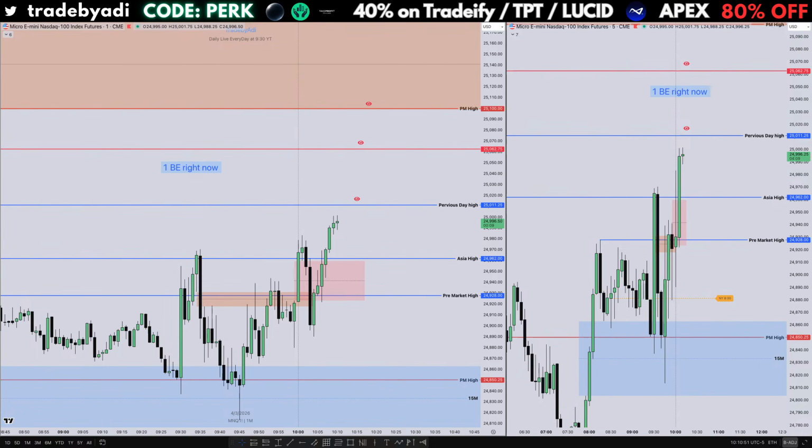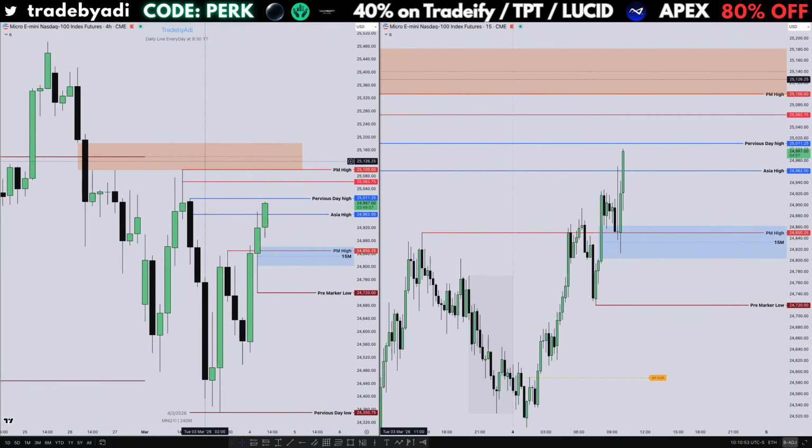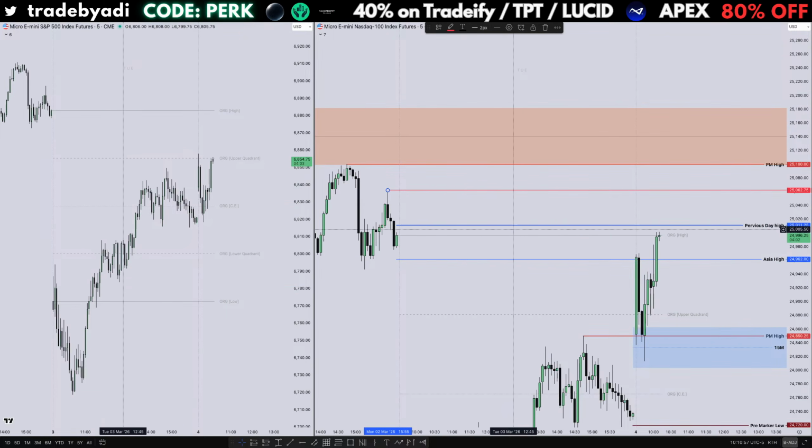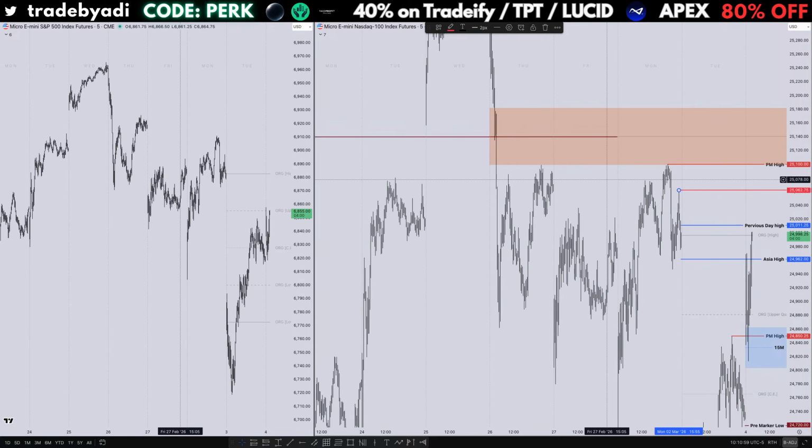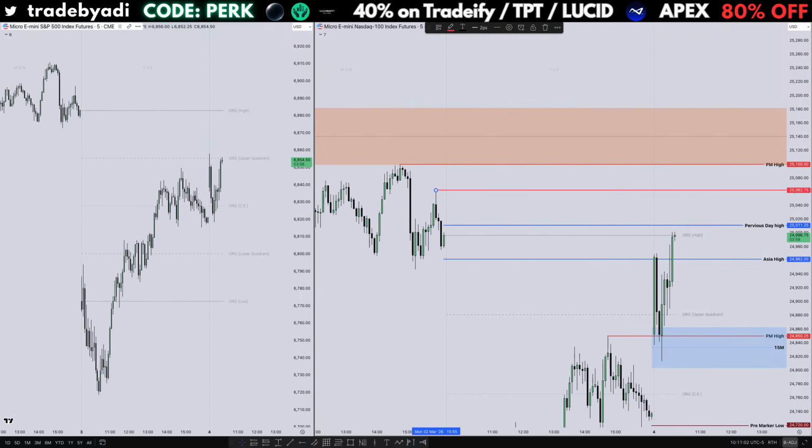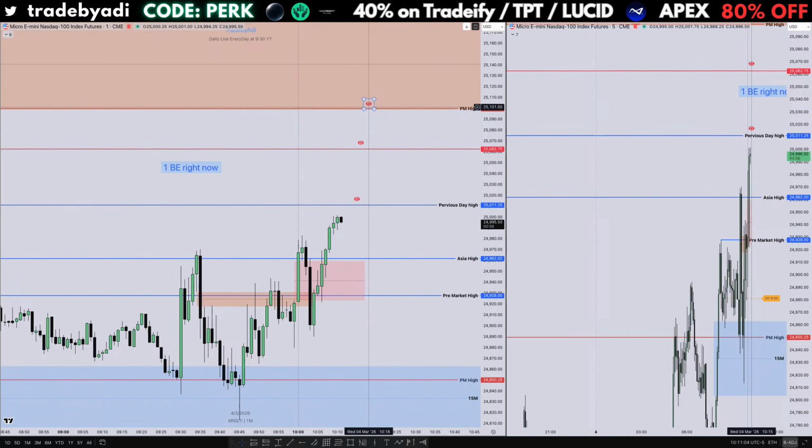It is a good target, by the way. The equal highs on this one, right? This is yesterday's PM session high. This is what I said. Yesterday's PM session high.